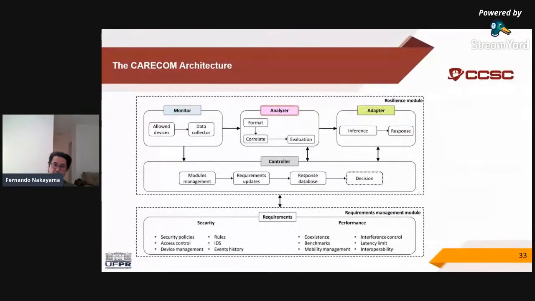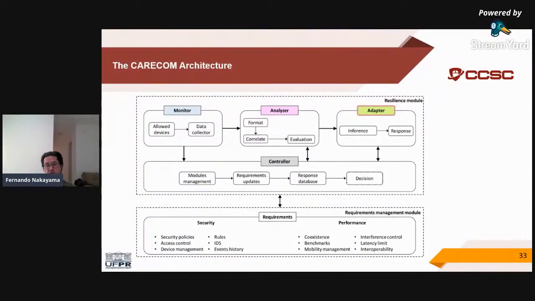The analyzer component establishes a context among the events identified in the monitor component and analyzes the impacts and also the risks related to them. It comprises detection tools to identify threats, anomalies, and failures which might influence security and performance. And the adapter component provides the best response considering the requirements and the resources from each service.